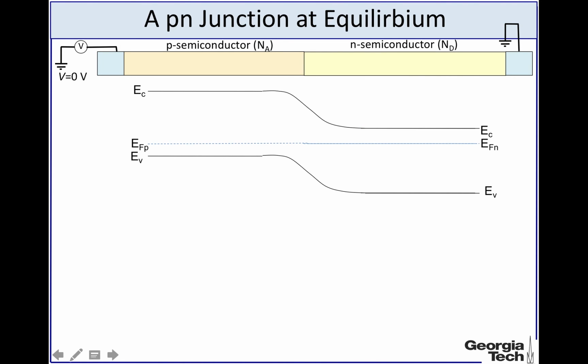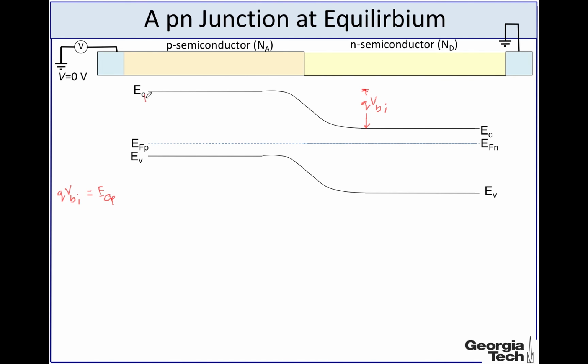Let's try to understand what determines VBI. As we have said before in the previous slide, the difference between the conduction band on the two sides is Q multiplied by VBI, or the barrier height is QVBI. So what we say is that QVBI is ECP minus ECN.